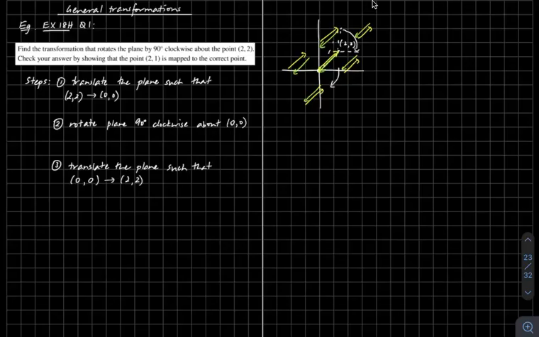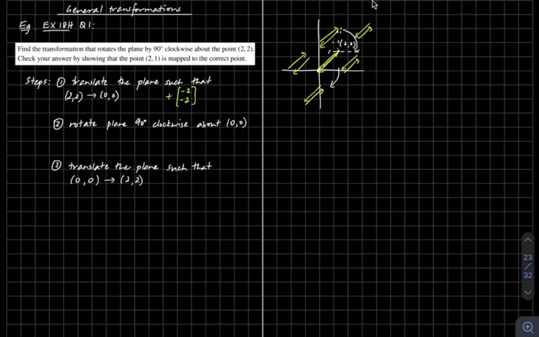So let's quickly think about the matrix operations that we need to do for that. To translate the plane such that the point (2, 2) ends up at the origin would mean we'd need to add (-2, -2) onto every point. Okay, so any coordinate point we need to subtract 2 from the x and 2 from the y.